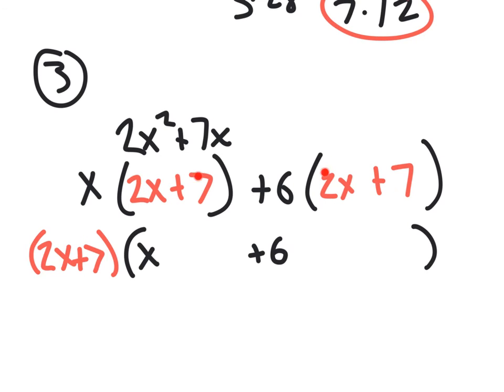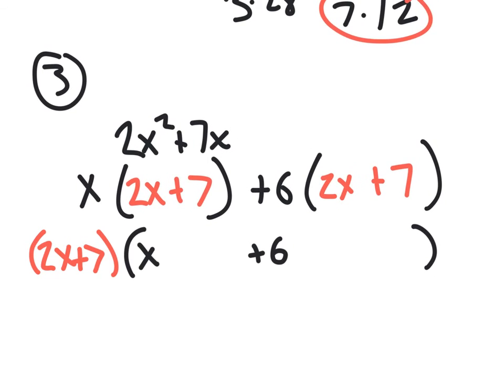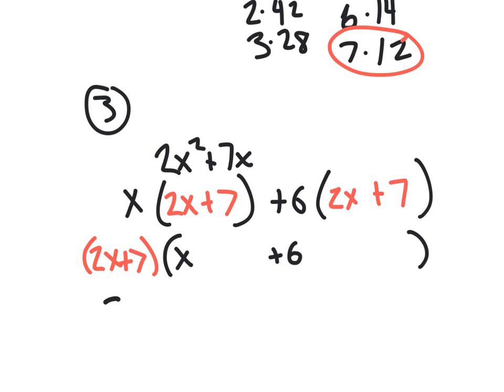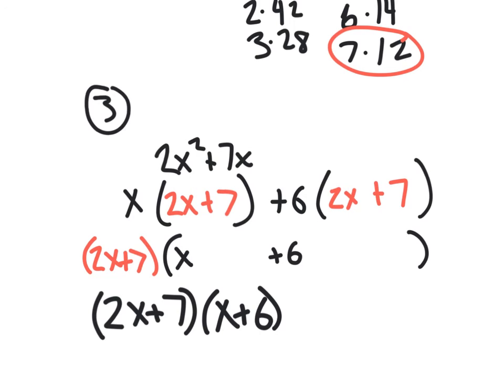So what I did was take this 2x plus 7 and pull it out of the whole thing, and we have the x left over and the 6 left over. Now, keep in mind, this is the factored form, 2x plus 7 and x plus 6. But where did this even come from?